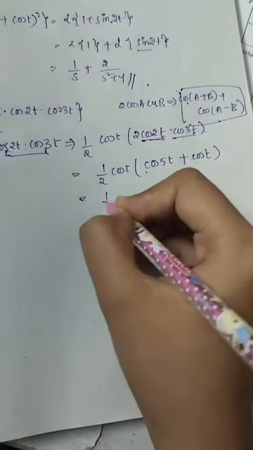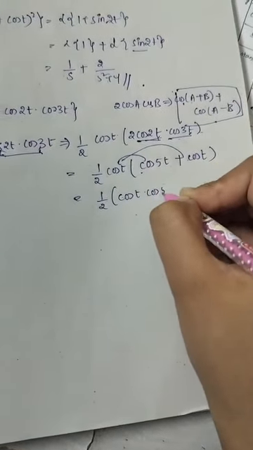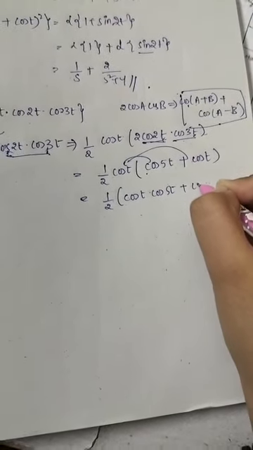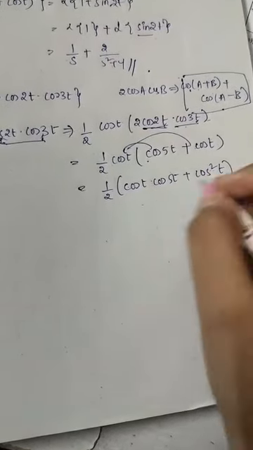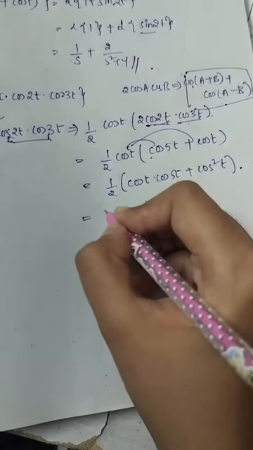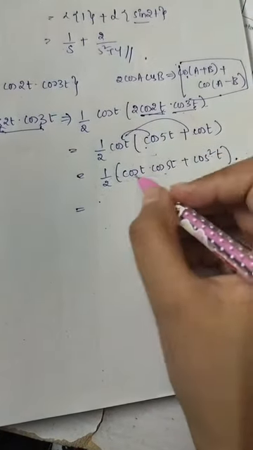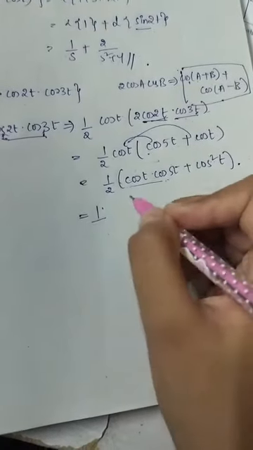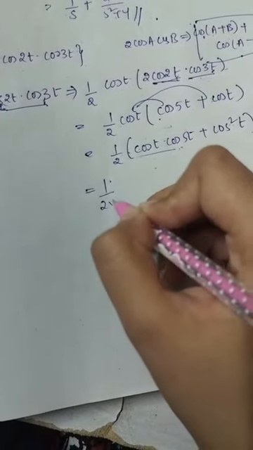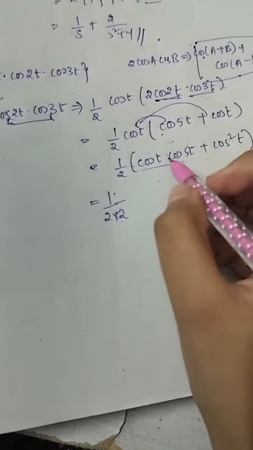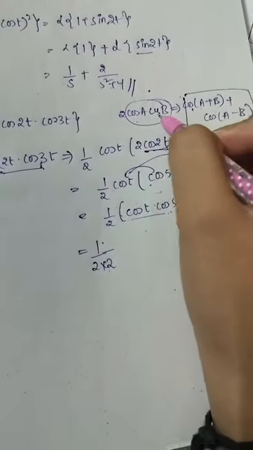Then half of, now multiplying this we get cos t into cos 5t plus cos square t. Now again multiplying by 2 to get the formula for this, or else directly we can use another formula. It is again of the format 2 cos a cos b.